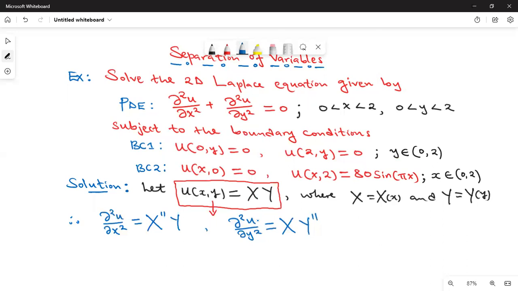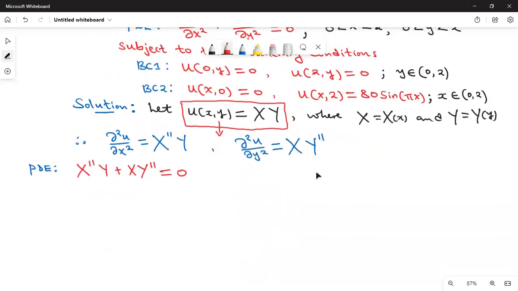So then how will our equation look like? Now the PDE. Our PDE will now be, when we substitute, we are going to get X double prime times Y, then plus X times Y double prime is equal to 0 on the right hand side.